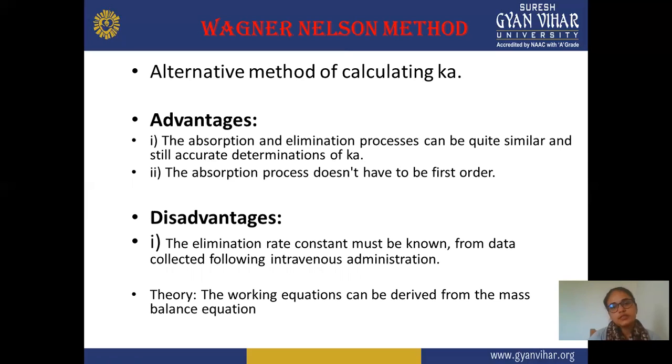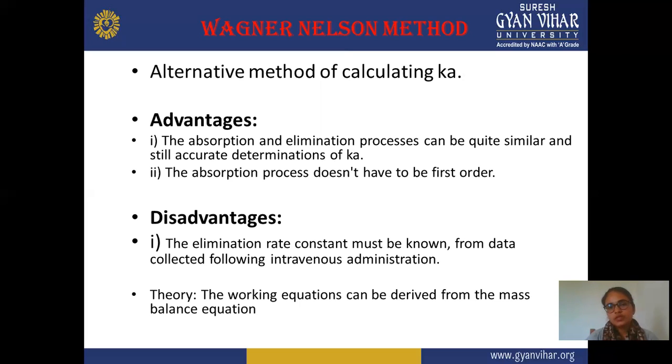The advantage of the Wagner-Nelson method is that absorption and elimination processes can be quite similar and still give an accurate estimation of Ka. Also, the absorption process does not have to be first order.